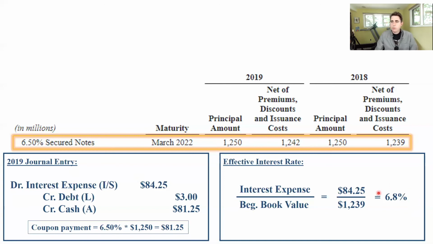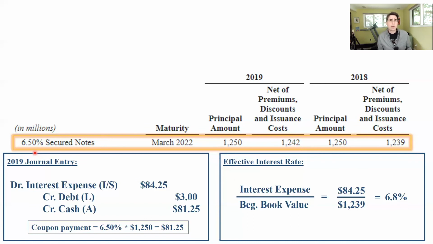So this 6.8% effective rate is higher than this 6.5% coupon rate. And when you have a higher effective rate than a coupon rate, what are investors saying? Well, they're saying that the coupon rate is poor compared to the effective rate that I am requiring. So I'm only going to pay you less than face value for this bond issuance.